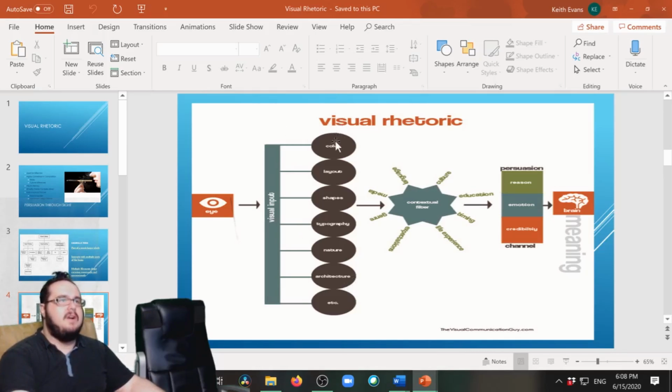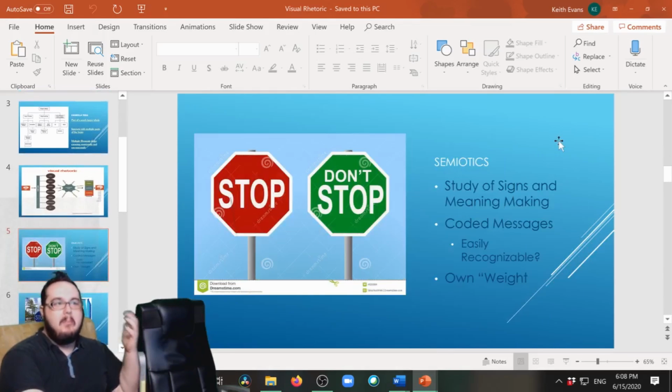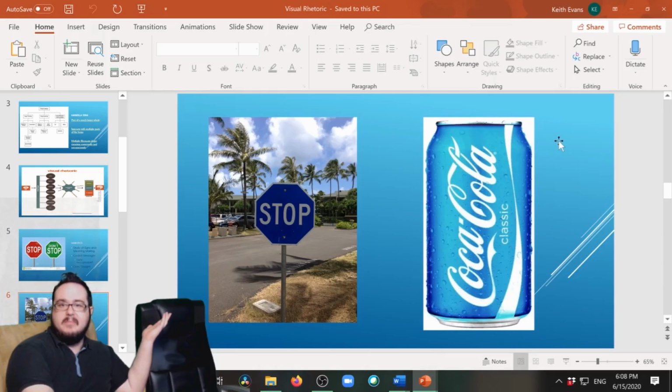All of these different elements of an image need to be understood and anticipated when you are crafting this image. Colors have a huge impact. Like, how does this look? Is it unsettling? Is it weird? Is it alien?